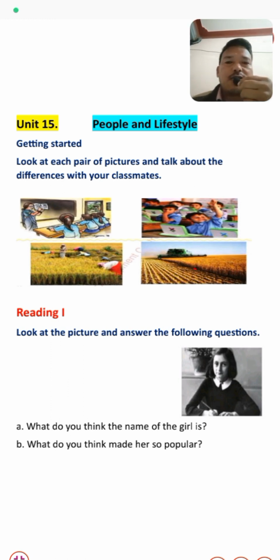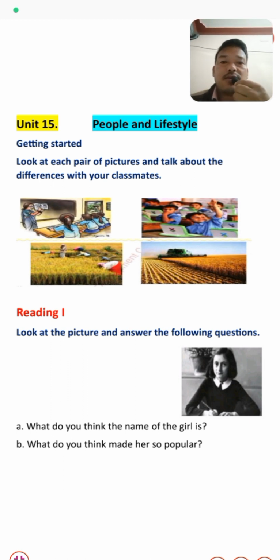Here in the second picture we can see it's a machine. It's a super fast machine that's working, and it's harvesting the paddy. It means this is the modern way of doing agriculture task, and it is a modern way of harvesting. Students, these are some differences between these two pair of picture, students. It's all about your picture.